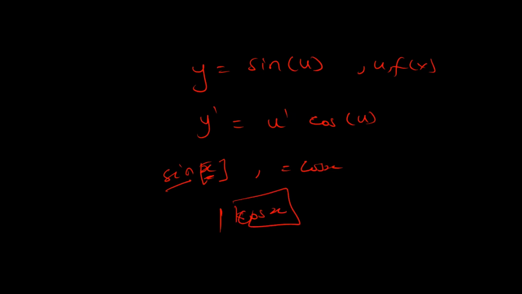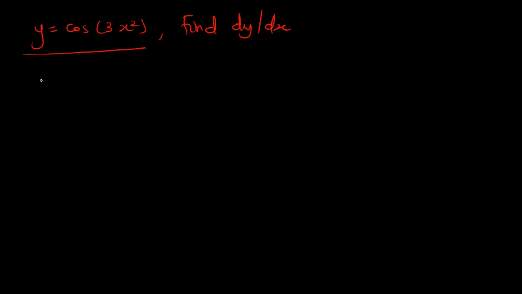Okay, so let's start solving some real examples. We have y equals cos of 3x squared. We are asked to find dy over dx. So we have our function here, and you can pause the video and try. Yes, so we have 3x squared as the angle here.